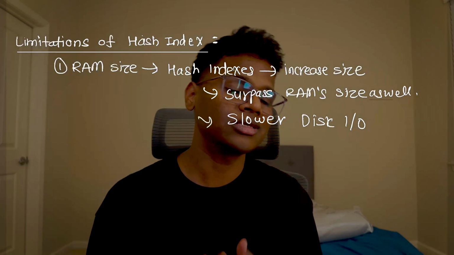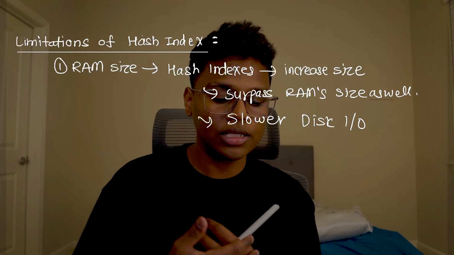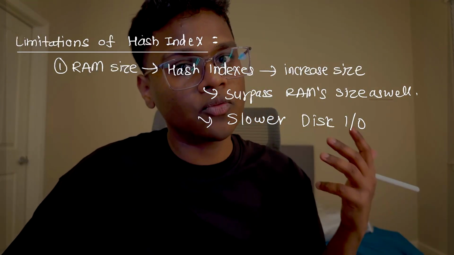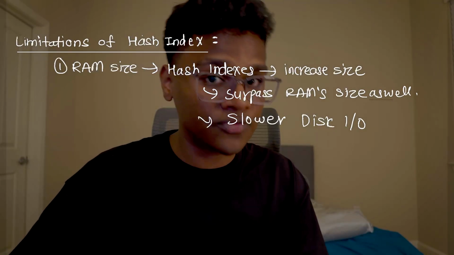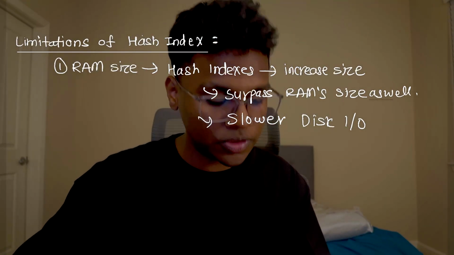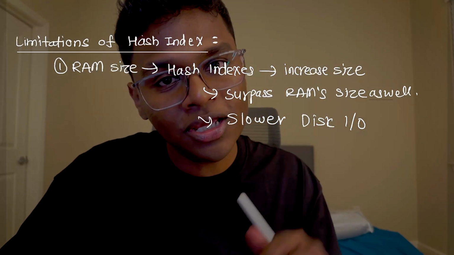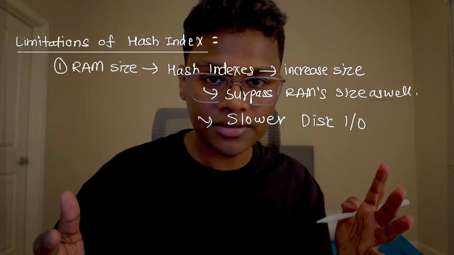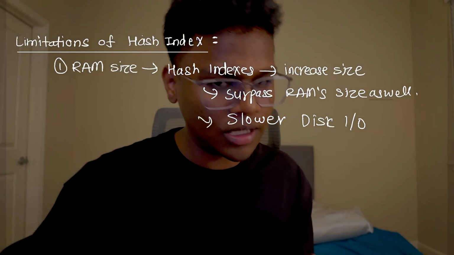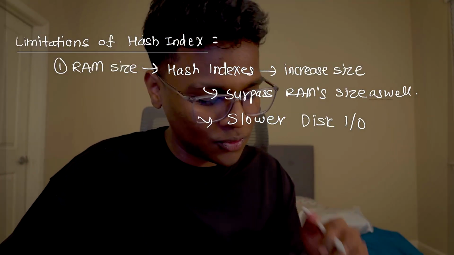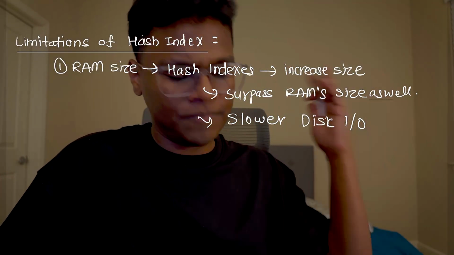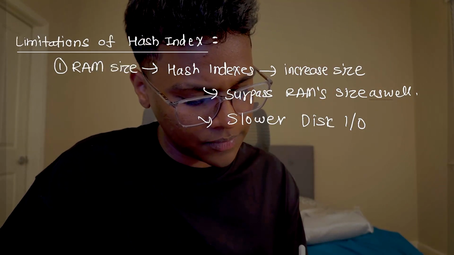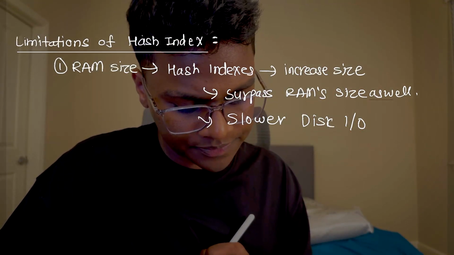You can go and read about why disk IO is slower and why reading and writing to the RAM is faster. That's your homework. Comment down in the description if you already know it, and help others understand it. And help me also understand it. I also don't know. Just kidding, I know. But help everyone understand it.